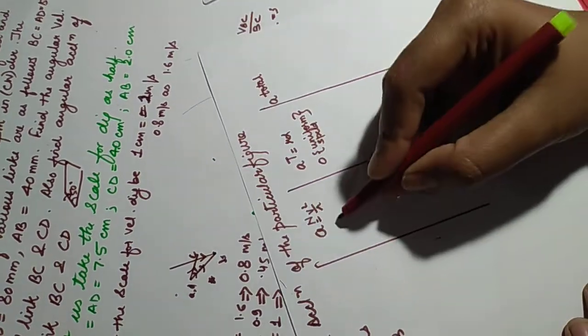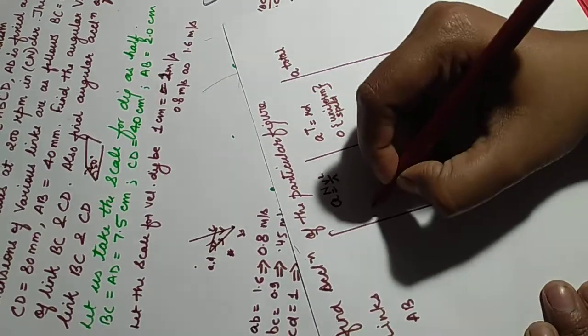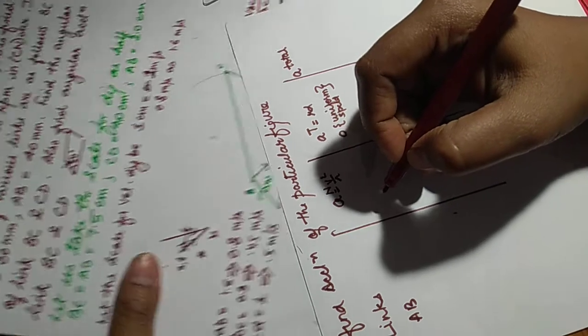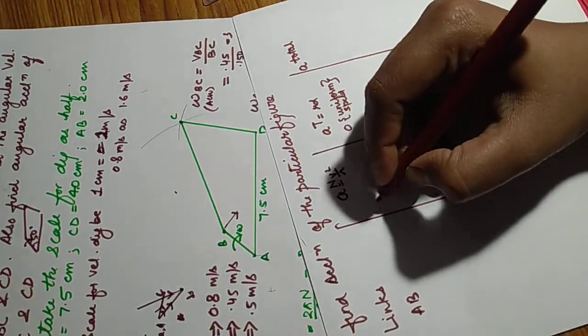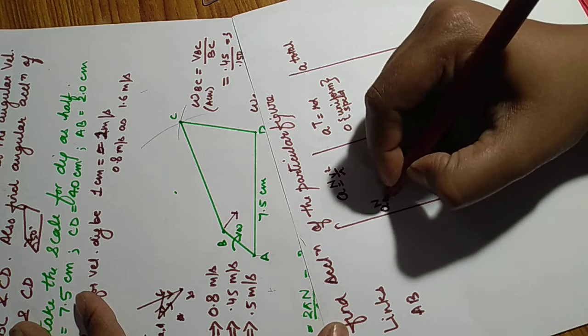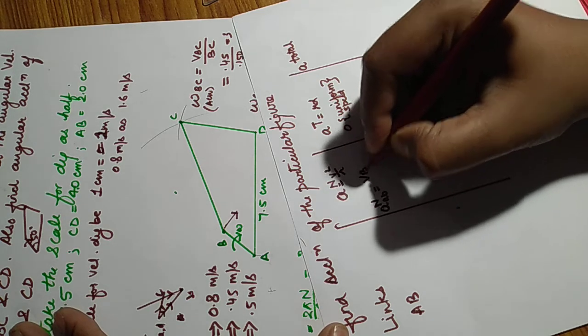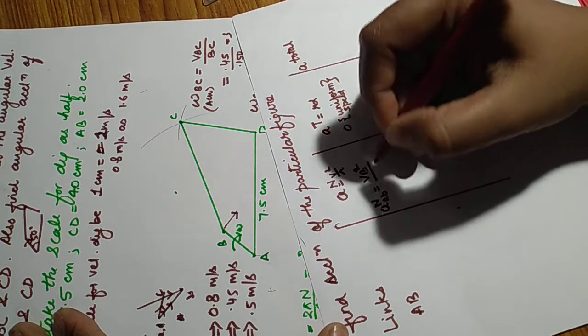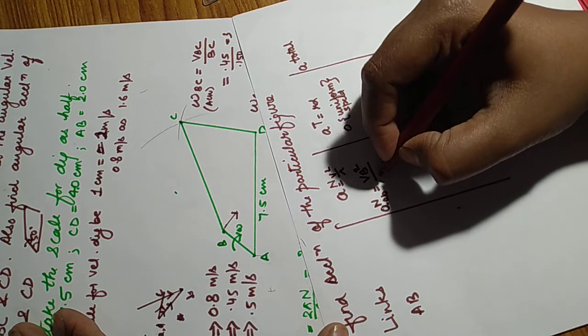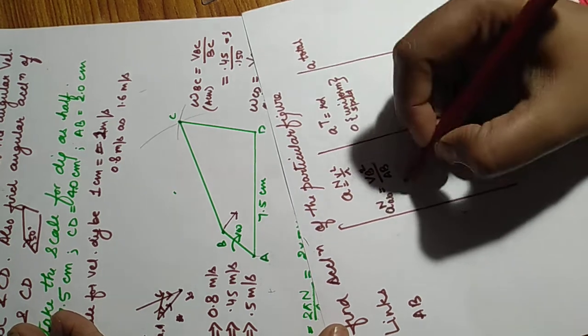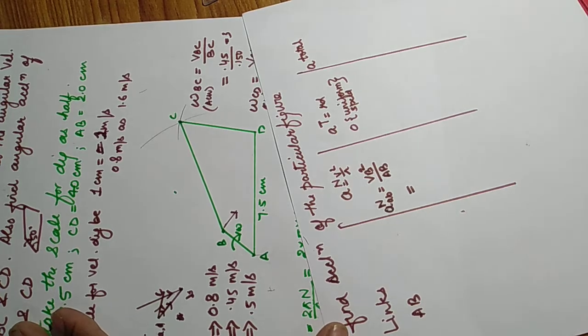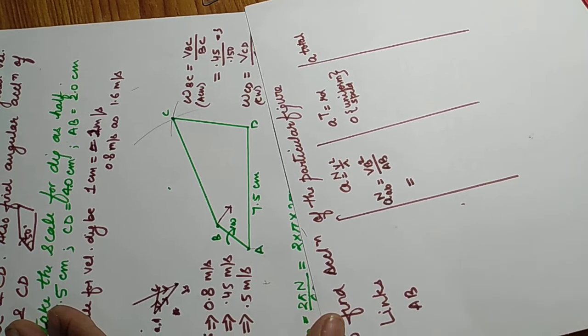So first of all, what will be the v? Vb. So an of AB will be equal to Vb square upon its radius r, that is AB.